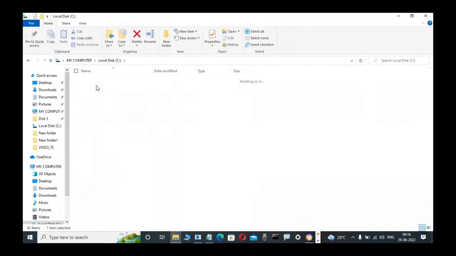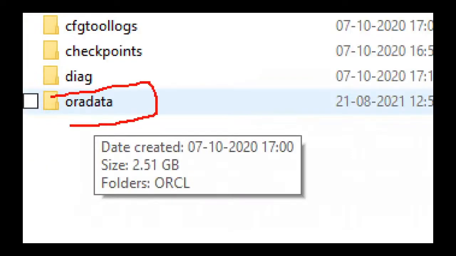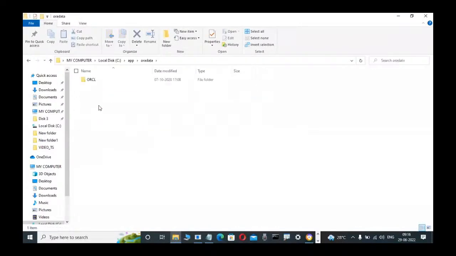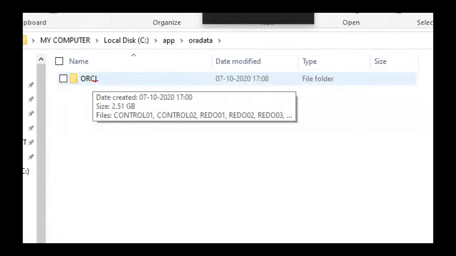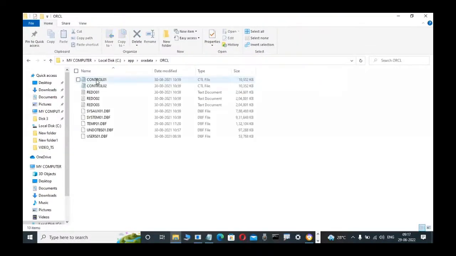That's why I'm opening the C drive. Oracle is available. Observe slowly. I double-click and open the Oracle folder. Now in the C drive, Oracle is available in my system.